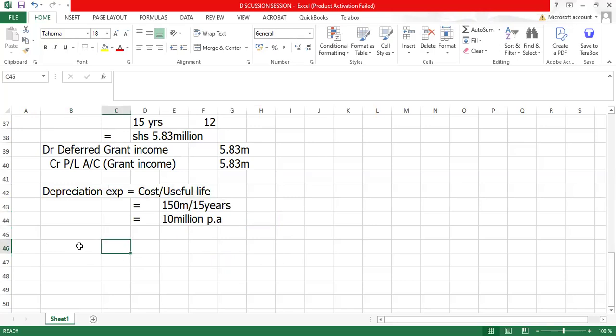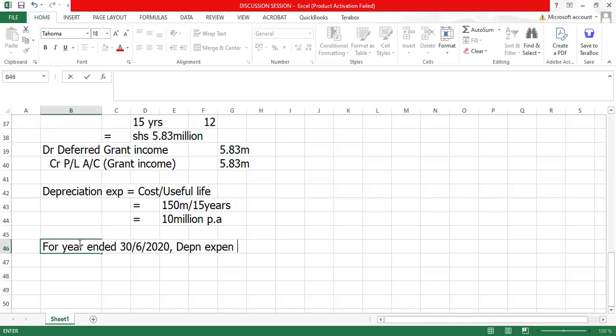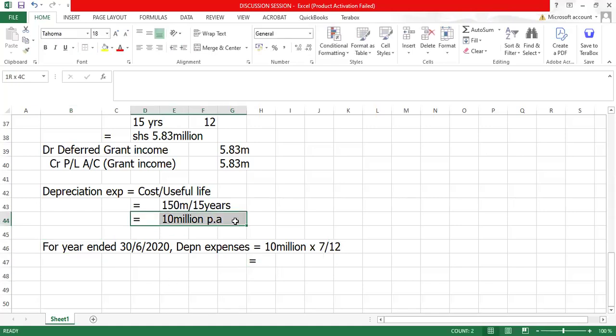For the year ended 30th June 2020, the depreciation expense will be equal to that 10 million times only 7 months, 7 out of 12. Because this is for the full year, but you have not used the asset for the full year. Okay.